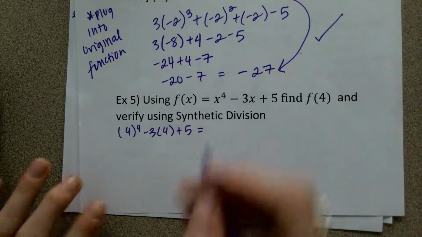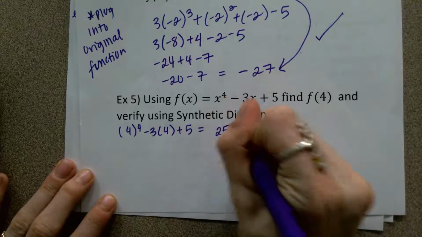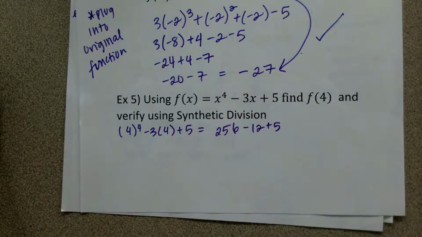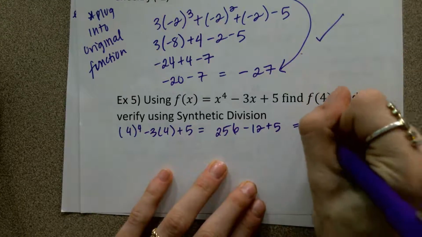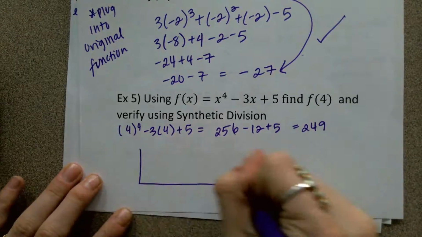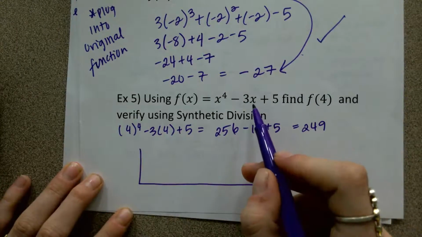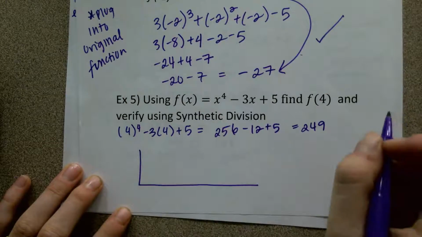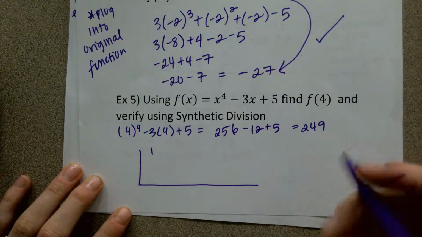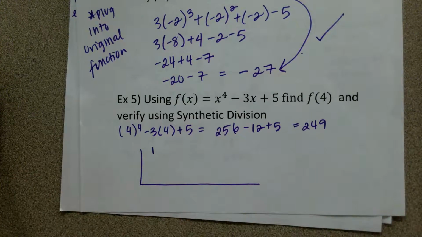Oh, 256. Minus 12 plus 5 gets me 249. So when we use synthetic division with this polynomial, we should get a remainder of 249.